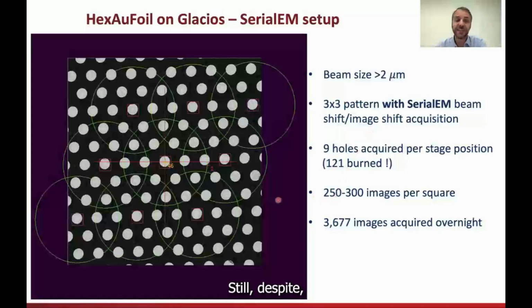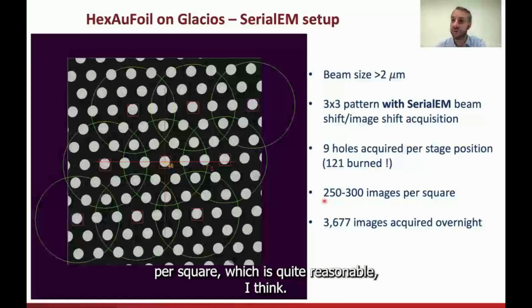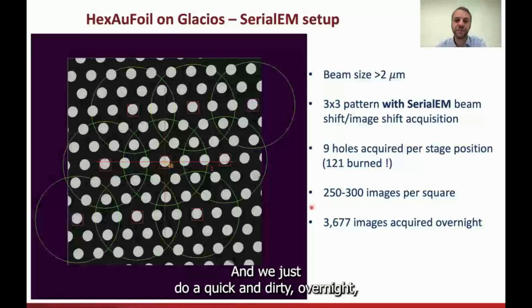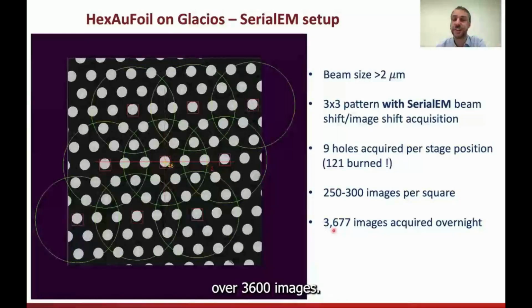Still, despite wasting so much good ice, we were able to record between 250 and 300 images per square, which is quite reasonable, I think. With just a quick and dirty overnight data acquisition, this initial dataset was over 3,600 images.